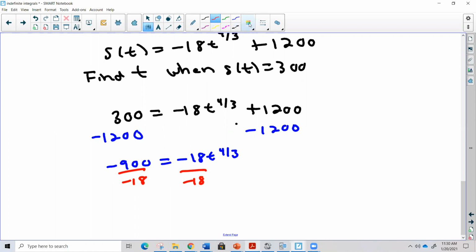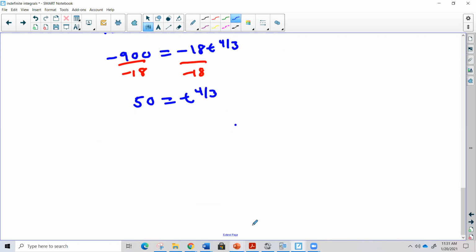And I get 50 equals t to the 4/3. And then to get rid of a 4/3 exponent, you raise it to the reciprocal.